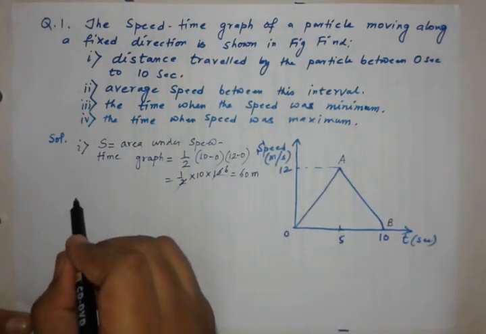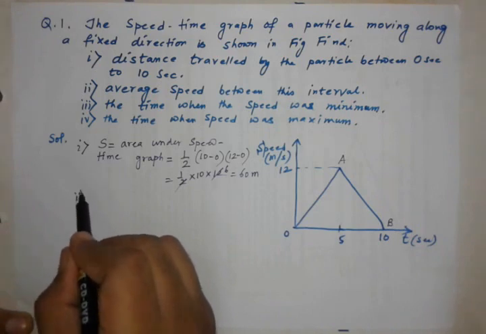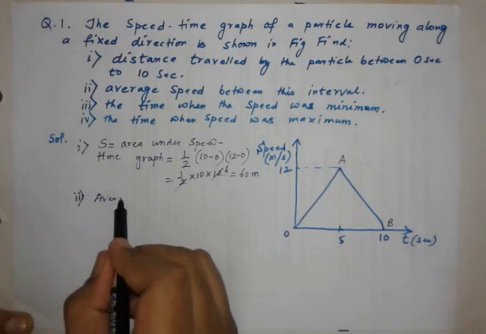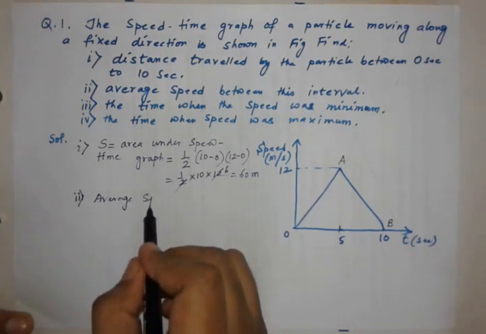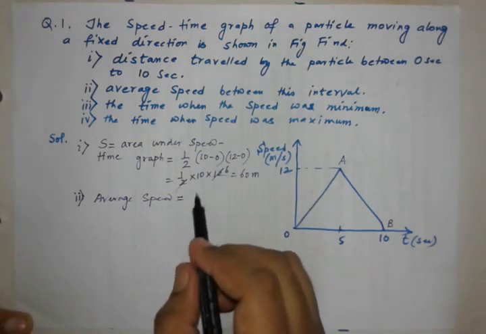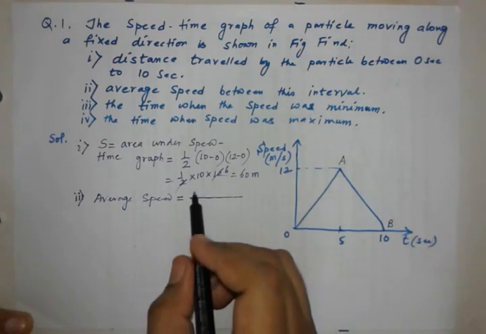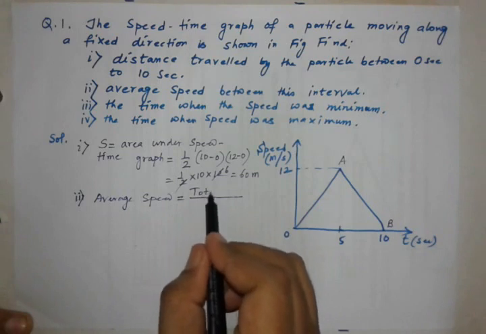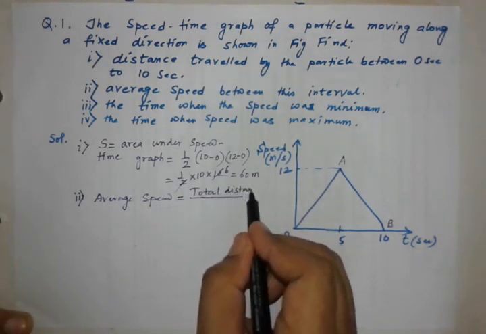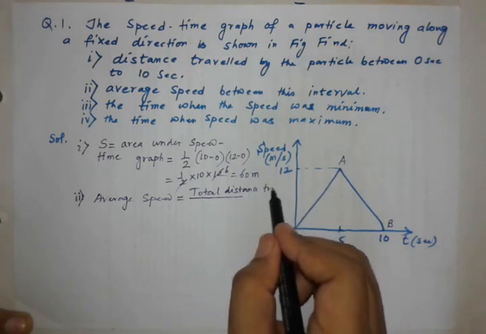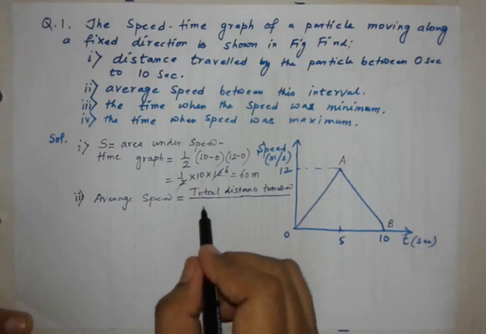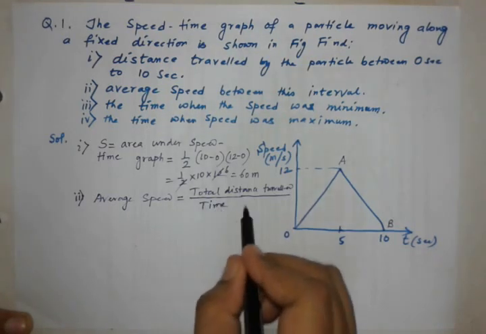Now next, question number 2 is average speed. Average speed is total distance traveled by total time, or you can write time taken.